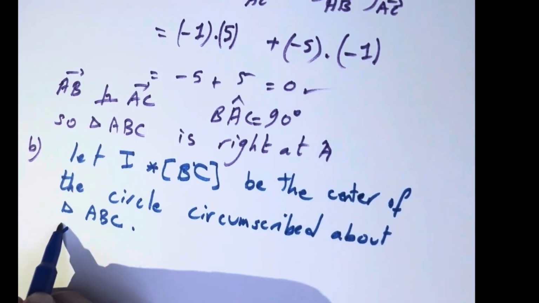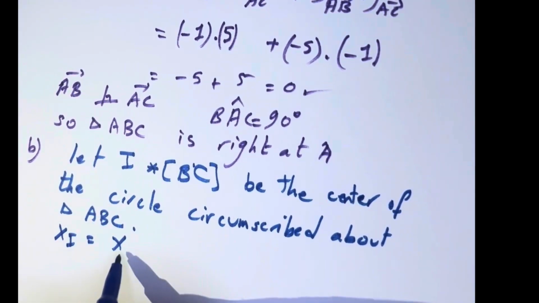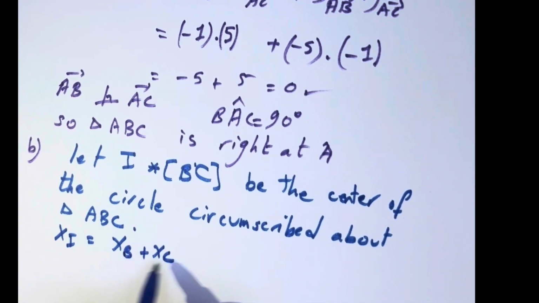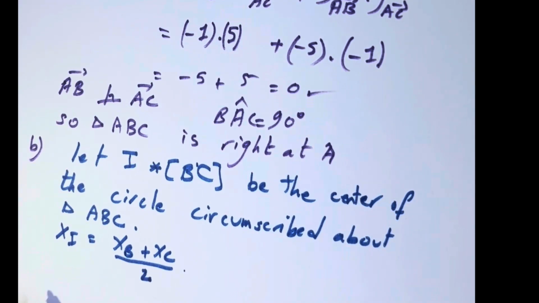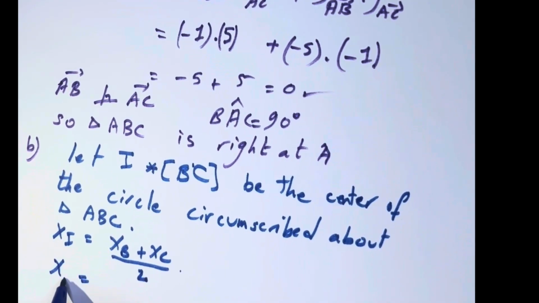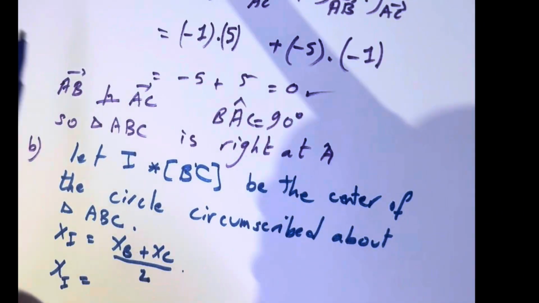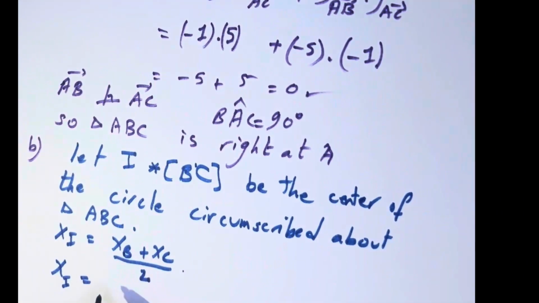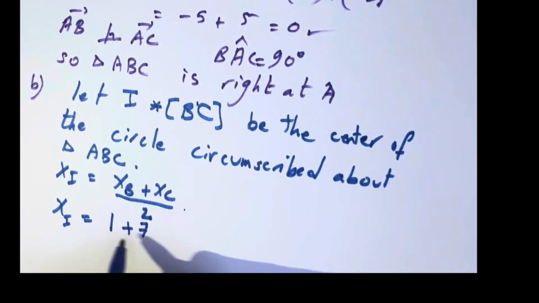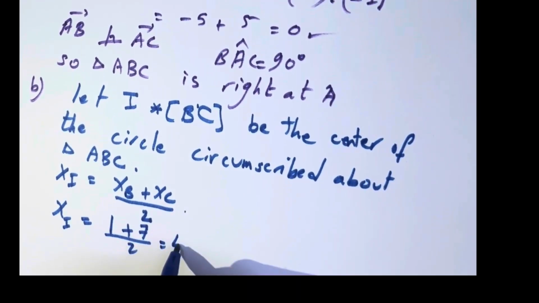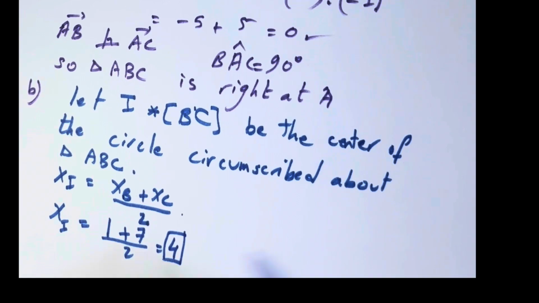Now xi, as you know, is xb plus xc over 2, and we substitute. Similarly, you can find the yi. So xi equals xb and xc: xb is 1, xc is 7. So 1 plus 7 over 2, which is 8 over 2, that is 4. This is the x.